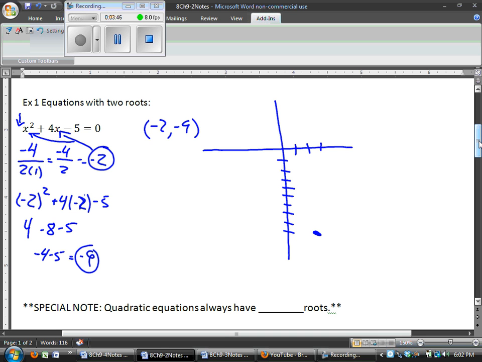And since it's 1, it's telling me to go up 1 and over 1, up 1 and over 1, and there's the start of our parabola. As this curves up, it's going to cross the x-axis. The answer to this equation is where it's crossing the x-axis. So right here and right here.